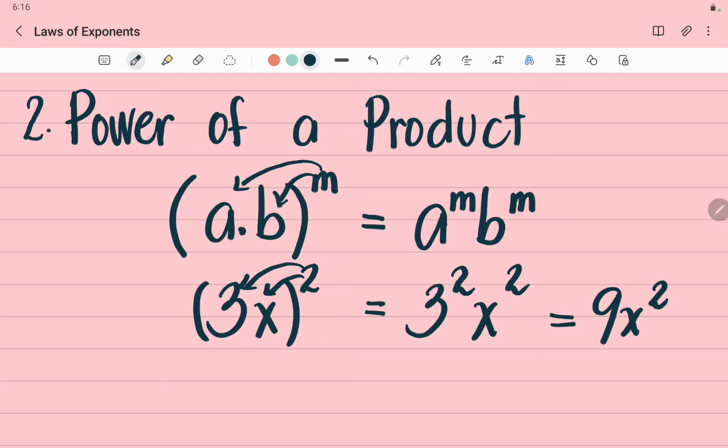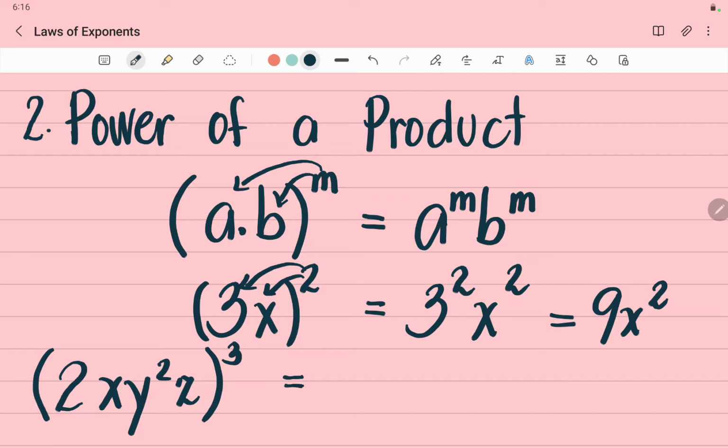May we have a final example? 2x y squared z, all raised to 3. So that will be 2 cubed, that will be x cubed, and in that case, you will multiply the exponents. We will discuss that furthermore in our third law of exponents.